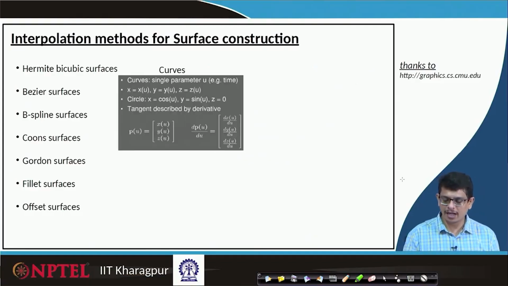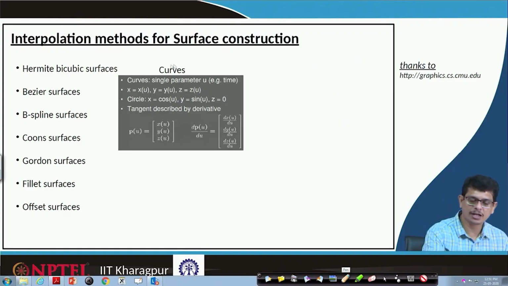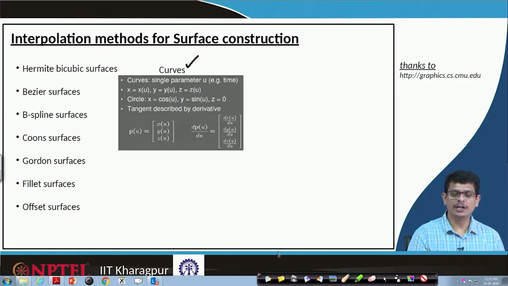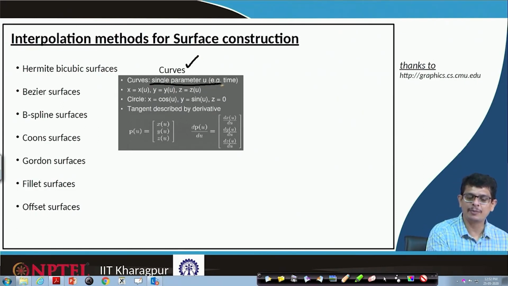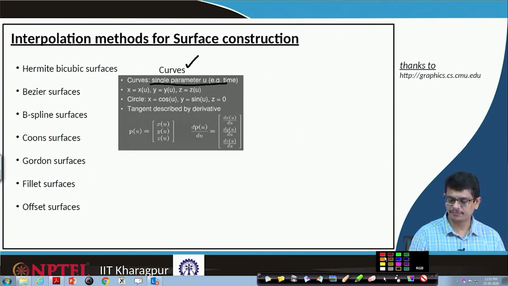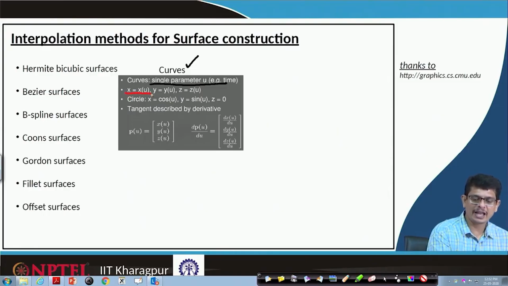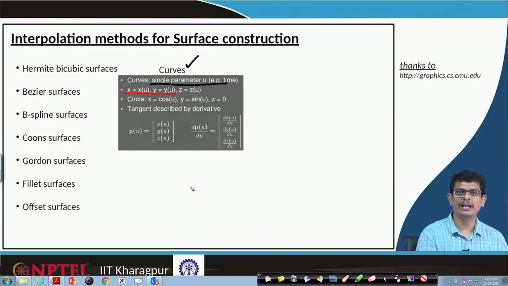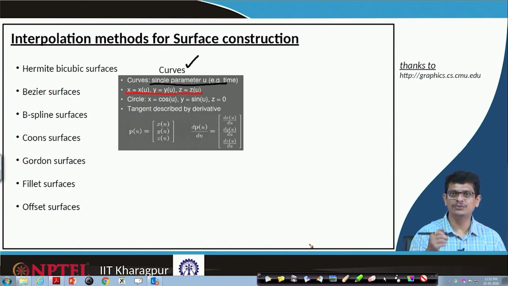First of all, we have to define something named curves. Curves are always a single parameter representation. You may have x as a function of u, y might be a parametric variation, y as a function of u, z might be a function of u. If it is something like a spiral, you have r, theta, phi kind of coordinates which can be connected by one single parameter.